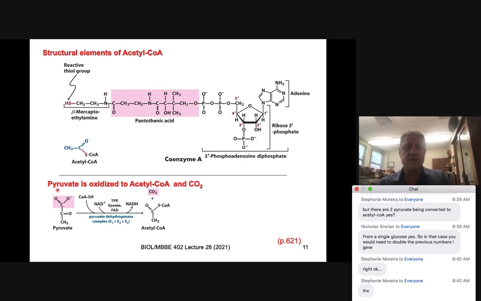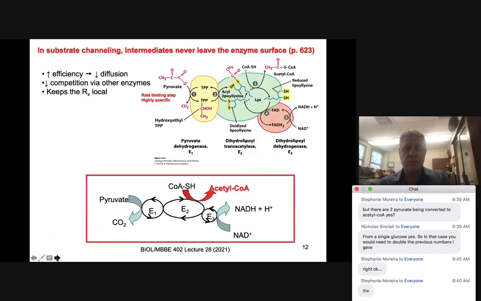So the first reaction is the pyruvate oxidation to acetyl-CoA and carbon dioxide. We cause the release of the carbon dioxide and produce the acetyl-CoA through the pyruvate dehydrogenase complex, enzymes 1, 2, and 3. Let's have a closer look at what's going on with that complex.